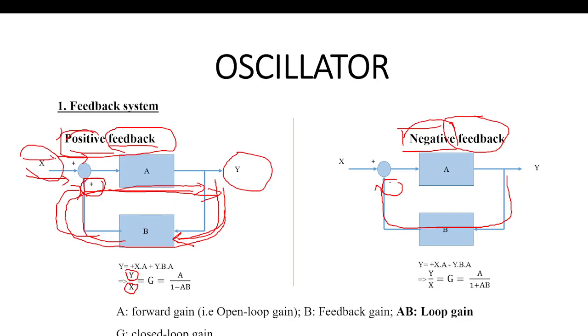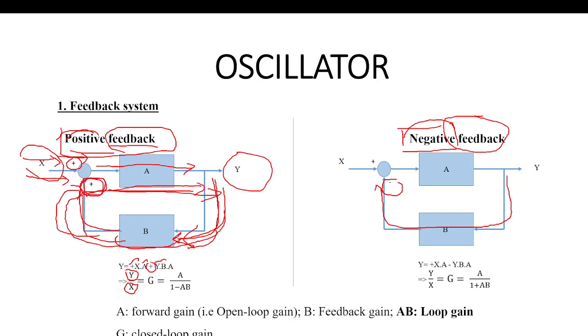Again, the input signal goes with this direction of the arrow. We'll have the plus sign. That's why we have plus x, and the plus x goes through the system A to the output y. As a result, we have plus x times A. For the feedback branch, the input is from the output y. The output y times the feedback system B, and that signal will have the plus sign.